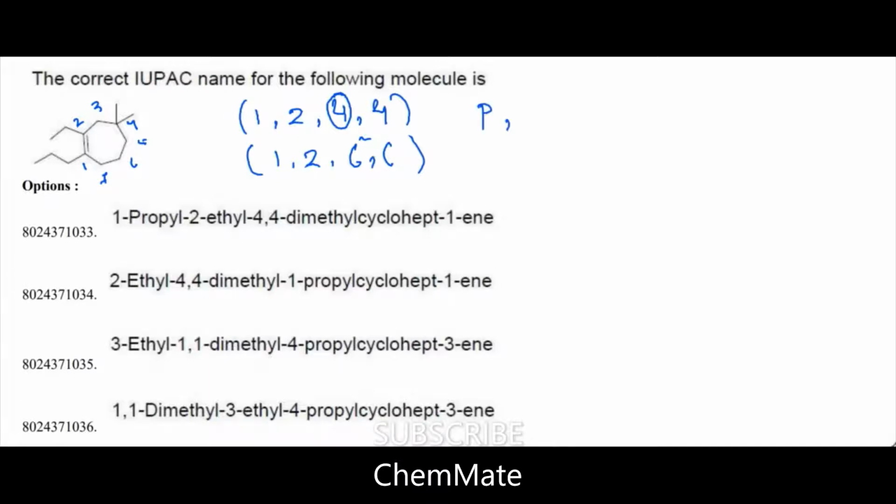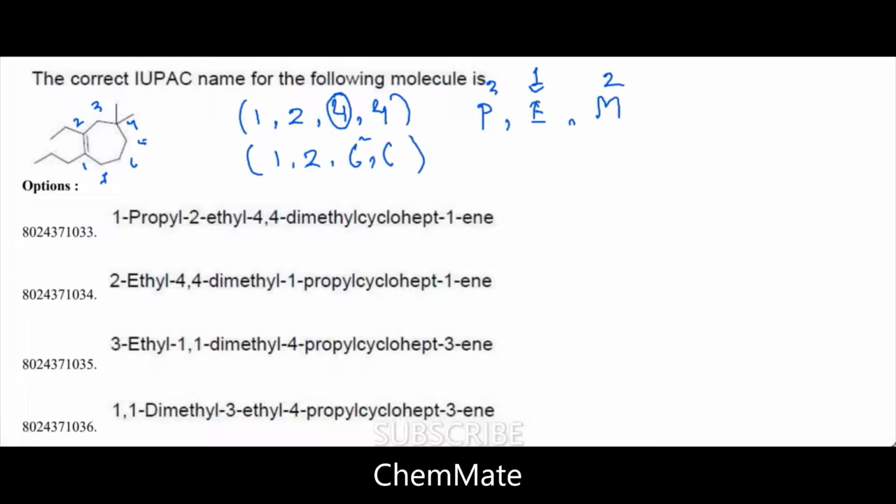So now the substituents are propyl, ethyl and methyl. If we arrange these substituents in alphabetical order, then ethyl will come first, then methyl will come, and last the propyl will come.